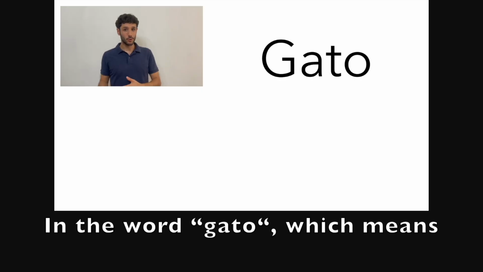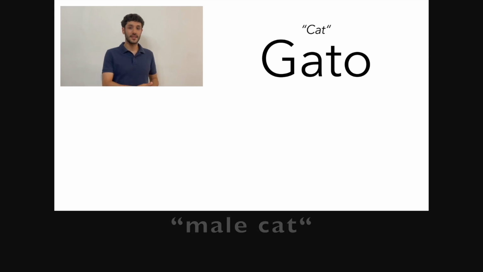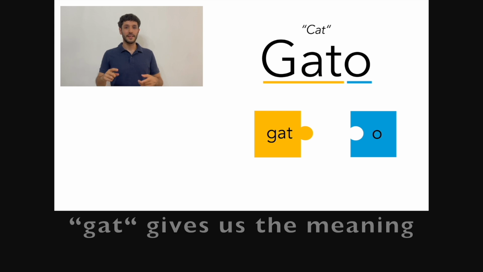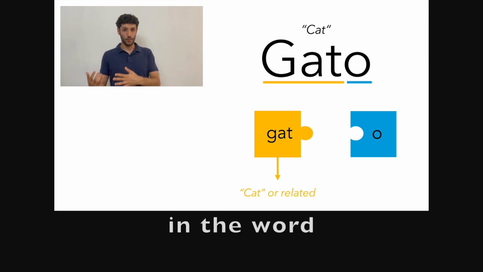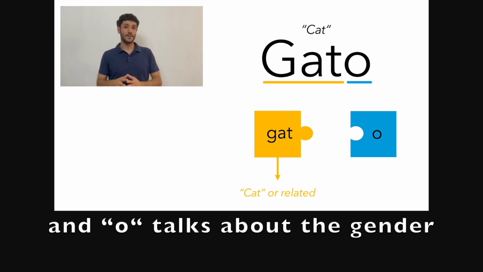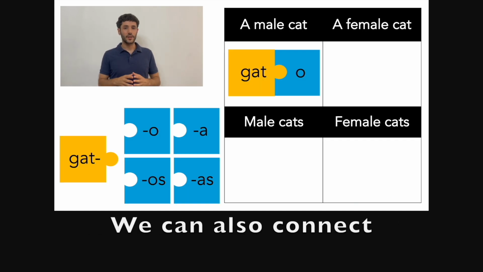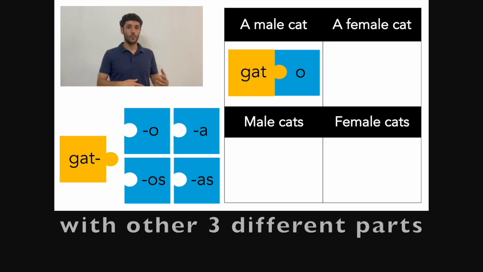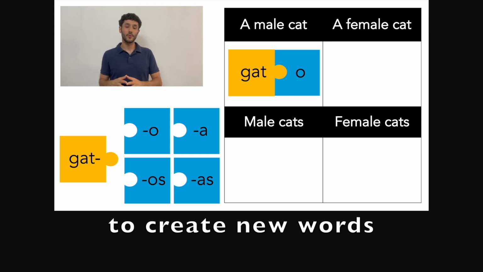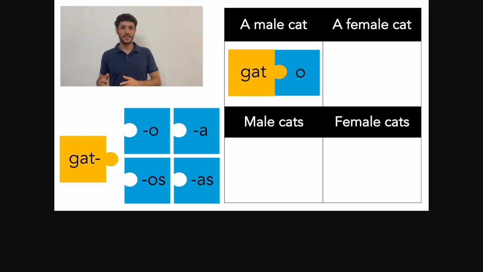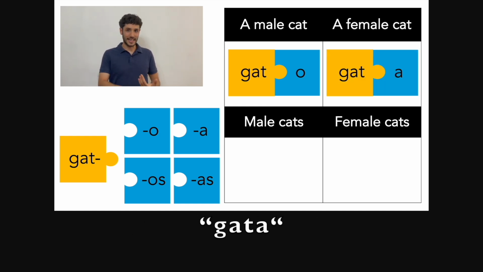In the word gato, which means male cat, we have two parts, gat and o. Gat gives us the meaning in the word, and o talks about the gender, which in this case is male. We can also connect gat with other three different parts to create new words. If I want to say a female cat, I'm going to say gata.